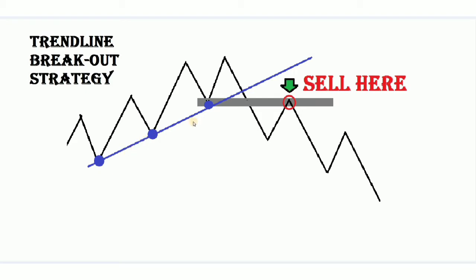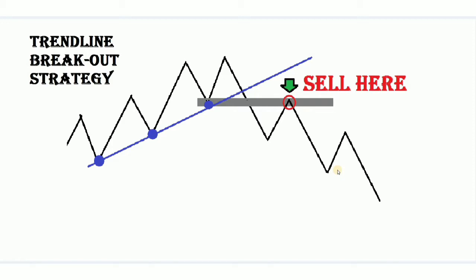If I have a line connecting these lows and I extend it, it becomes a trend line. This one is an uptrend, that's why the trend line is going this way. If it's a downtrend, you see it go this way. So for this strategy, you need to know how to draw trend lines.